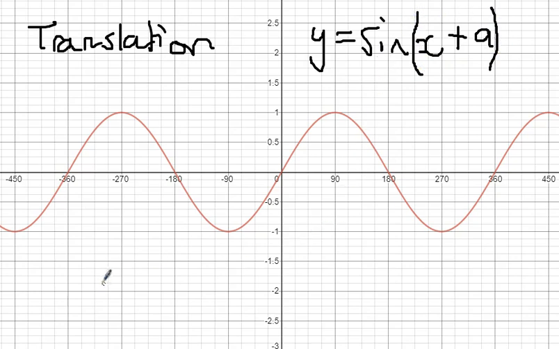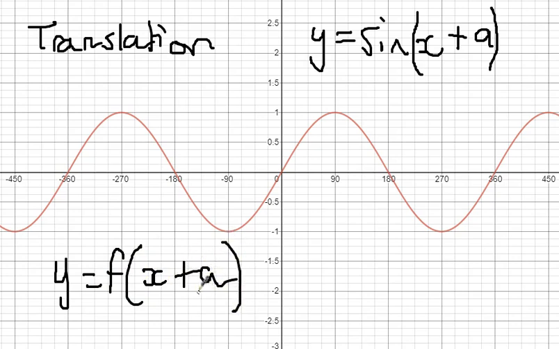And the way this looks in the function notation is to say, y equals f of x plus a. So adding it inside the function instead of outside the function. Well, what's that going to do? Now, you might think, oh, well, it's going to be the same thing. We're adding something. It's going to shift it that amount, a, and it's going to shift it to the right. Unfortunately, that's where you're wrong.